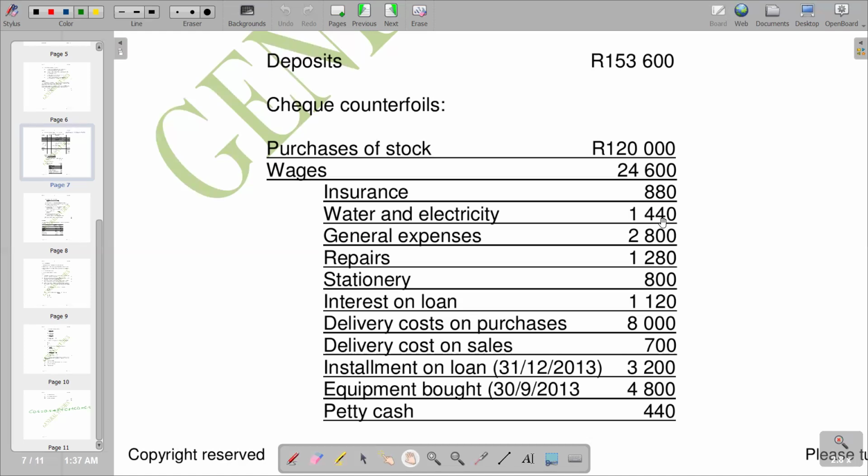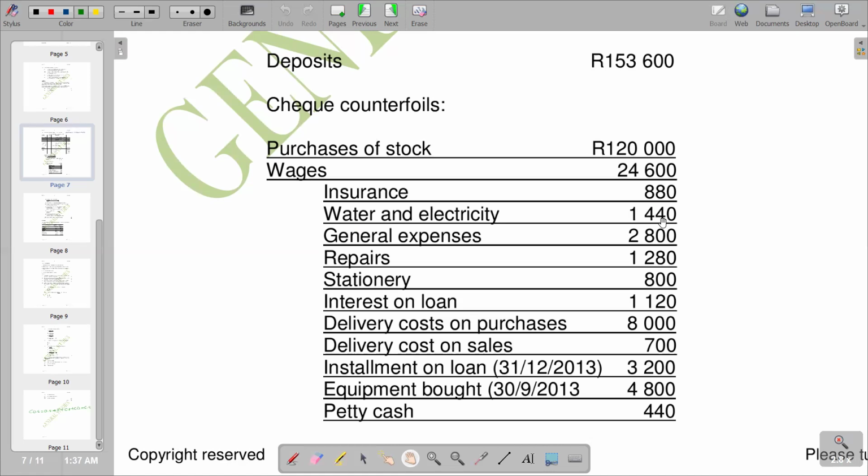Remember, what is in the bank there represents the actual amount that was paid for that expense, but the amount that was paid does not mean it was the actual amount that is supposed to be for the period. So if there are any discrepancies or any adjustments which need to be done, we can only find them in the additional information.